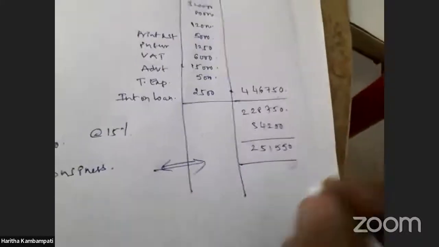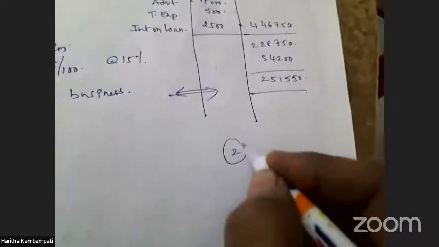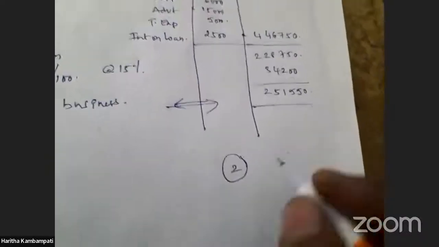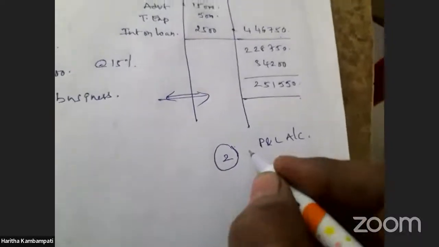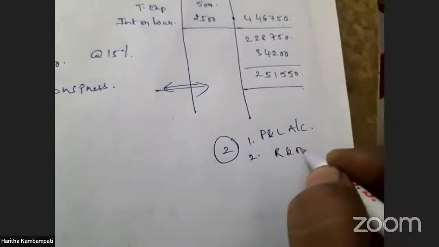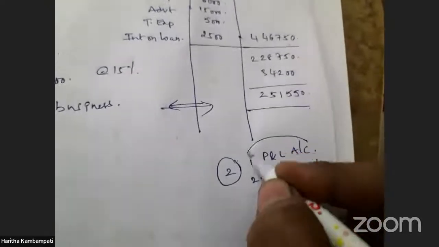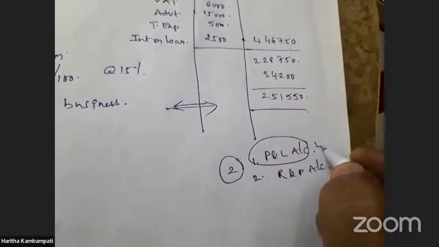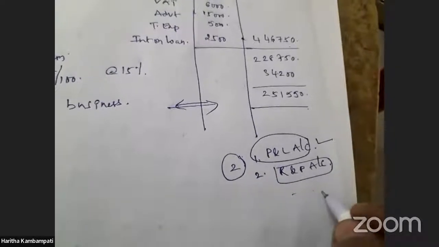So this is this one. Basically, please understand there are two types of problems. First one is when a profit and loss account is given. Second one is when a receipts and payment account is given. This we have finished. In today's class, we are discussing this one.